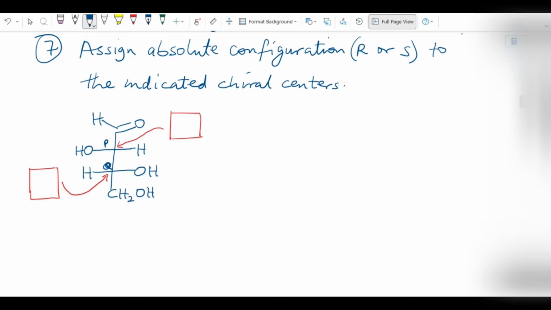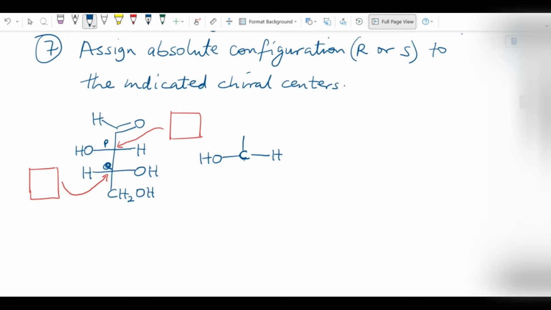And to do that, I will need to redraw. It's always a good practice to draw out the atoms. Usually when you do that, you can see things very clearly. So starting with the chiral carbon P, we have hydrogen on this side, we have OH on this other side.